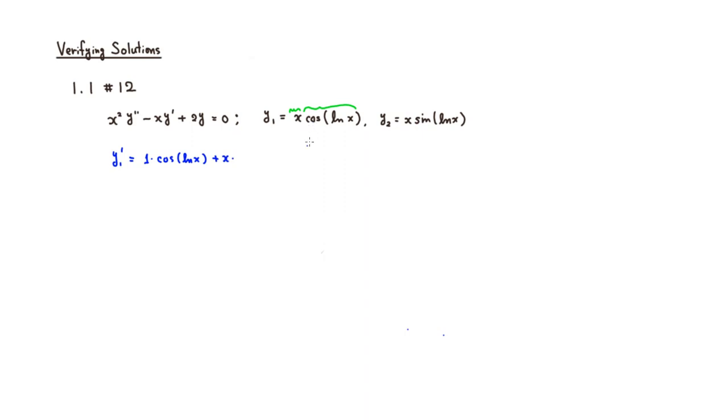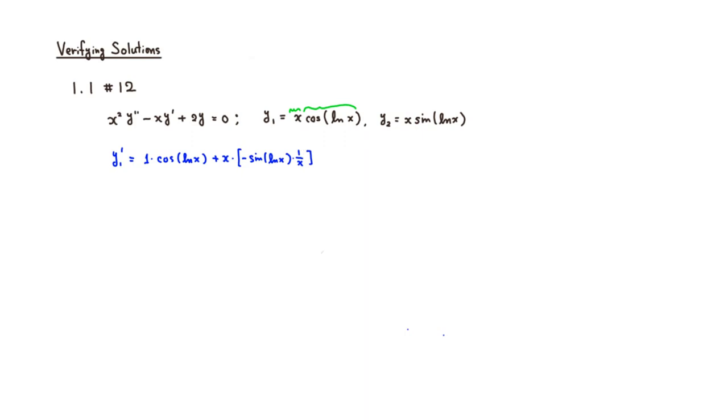The derivative of cosine is negative sine, and then the inside is natural log of x, so you multiply by the derivative of natural log of x, which is 1 over x.